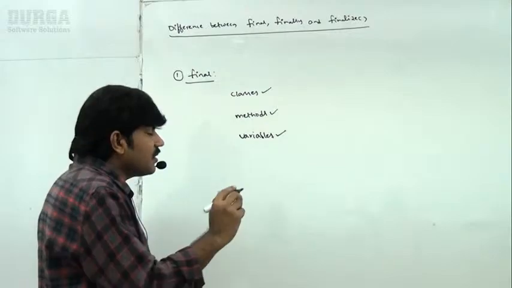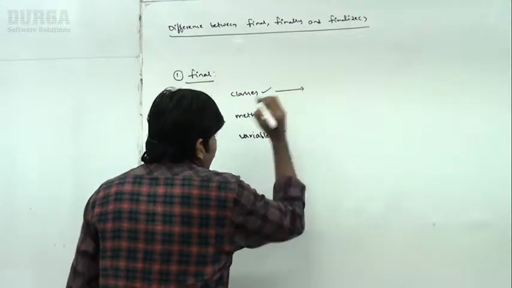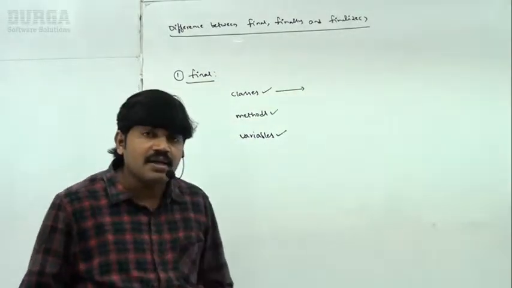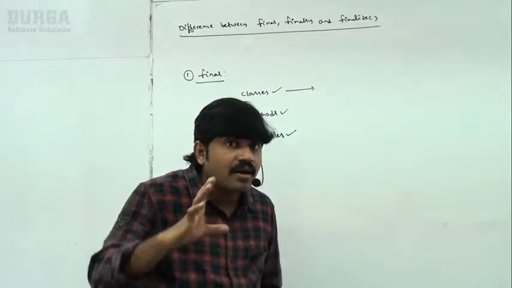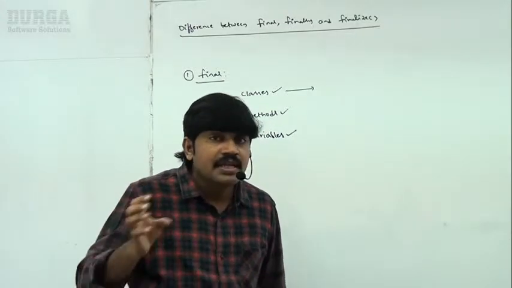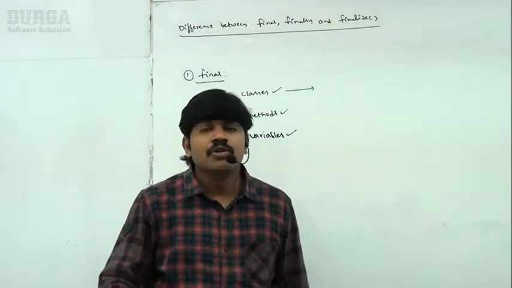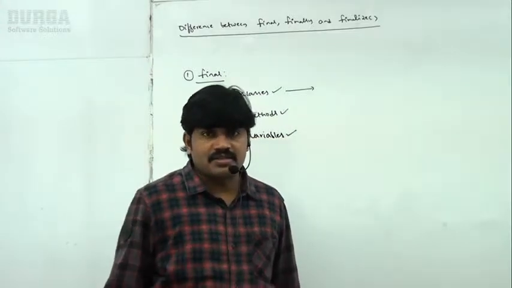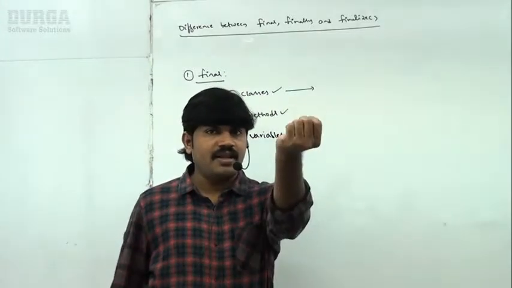If a class is declared as final, we can't create a child class. Inheritance is not possible. We can't extend that class. This class implementation is final.